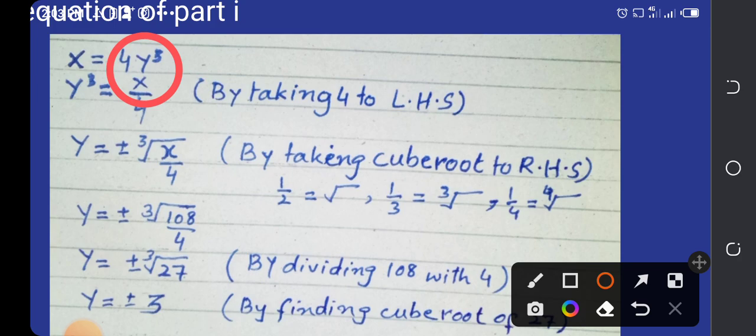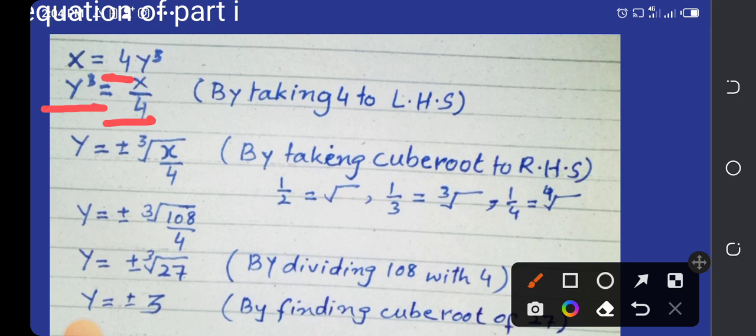So we have to rearrange the equation. By taking this 4 to the left hand side, the equation will become y cubed is equal to x upon 4.